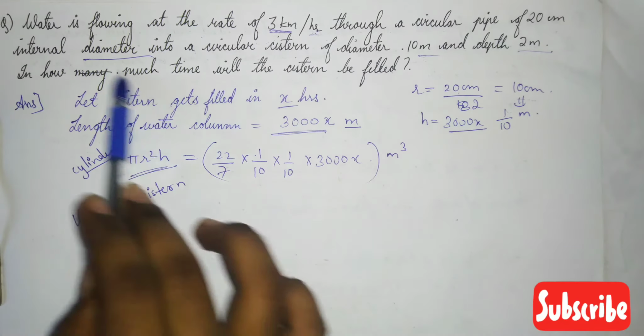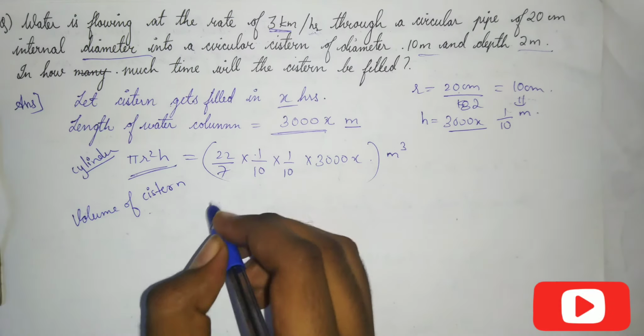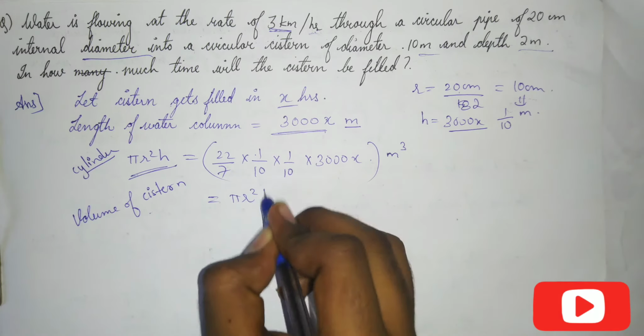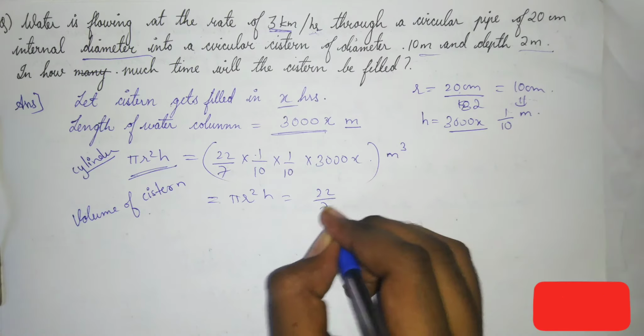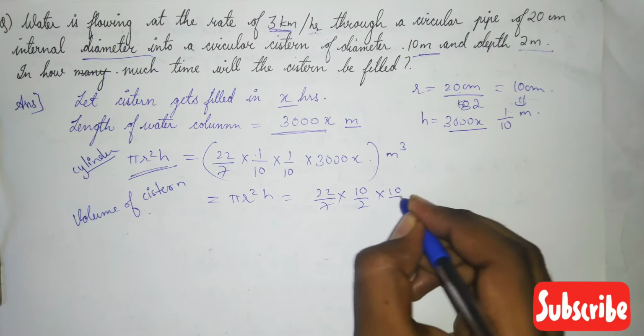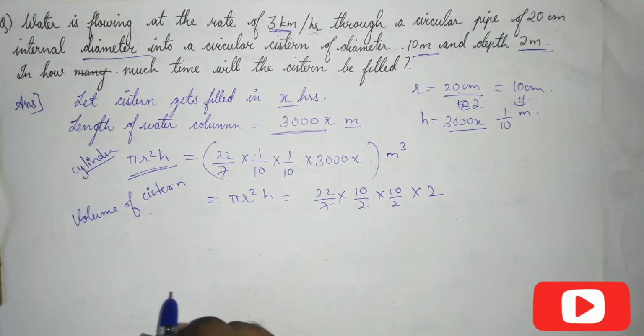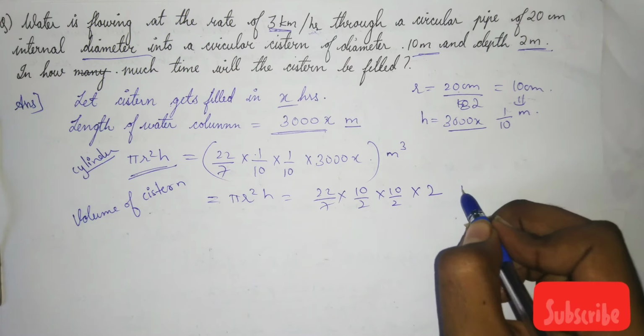The circular cistern is also a cylinder, so we can say the volume of cistern is 22 by 7 into r, which is 10 by 2, into 10 by 2, into depth, which is given as 2 meter, that is h. So 2. This will also be in meter cube.